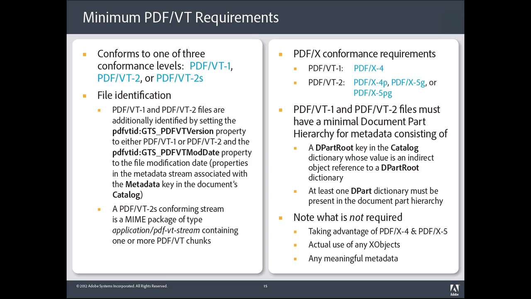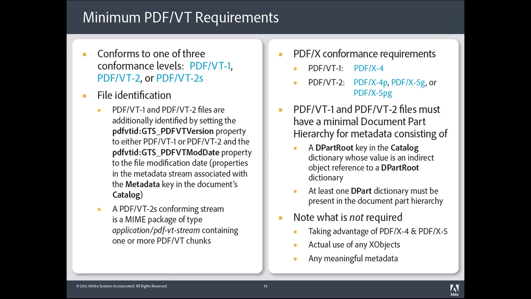Okay, the requirement is you have to have a DPartRoot key in the catalog, and you have to have one DPart dictionary. You have that, and it's a perfectly kosher PDF VT1 file or VT2 file. Okay, that is not necessarily a good one, but it'll pass the test. What isn't required is rather interesting.